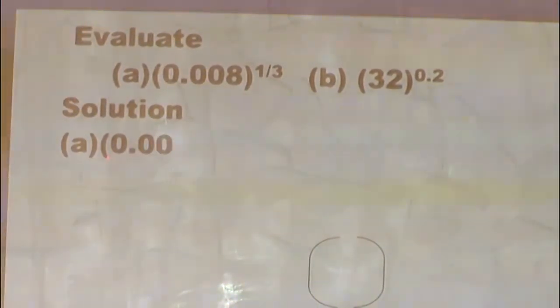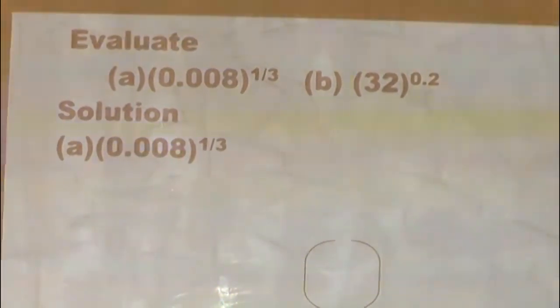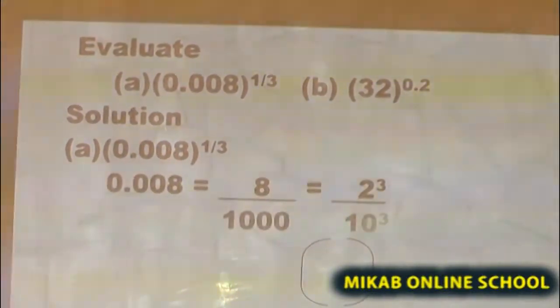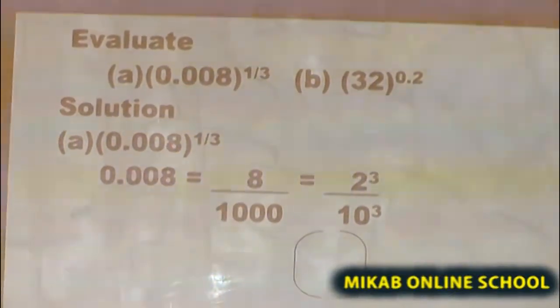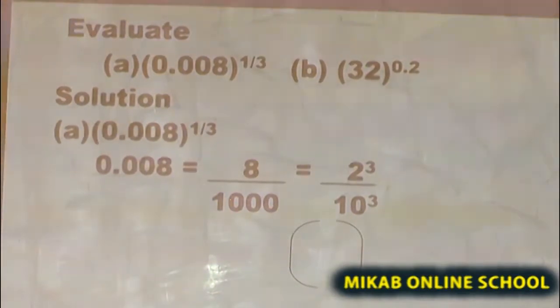The solution of the first question goes thus. The first question is asking us to evaluate open brackets 0.008 all raised to the power of 1/3, and you agree with me that the expression of this 0.008 in fraction is going to be 8 all over 1000.